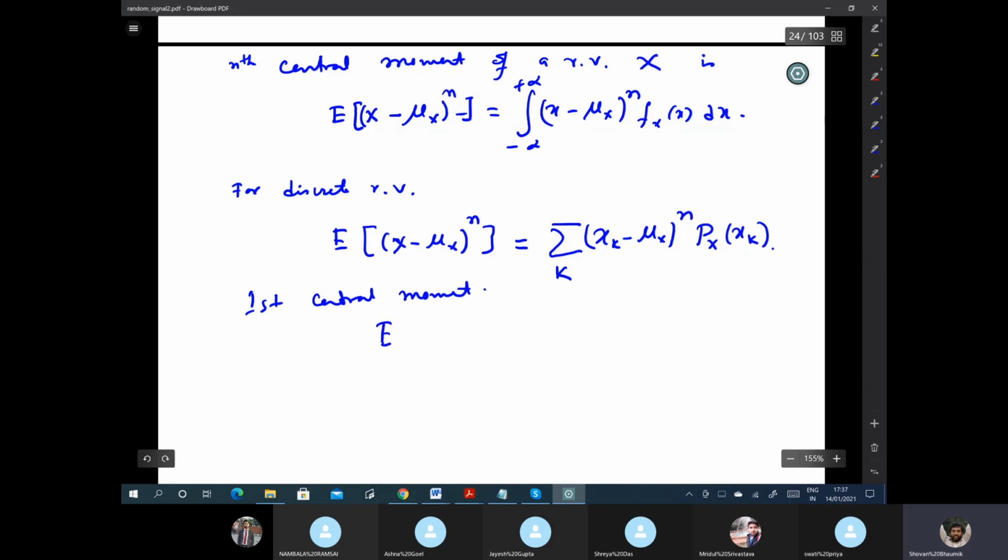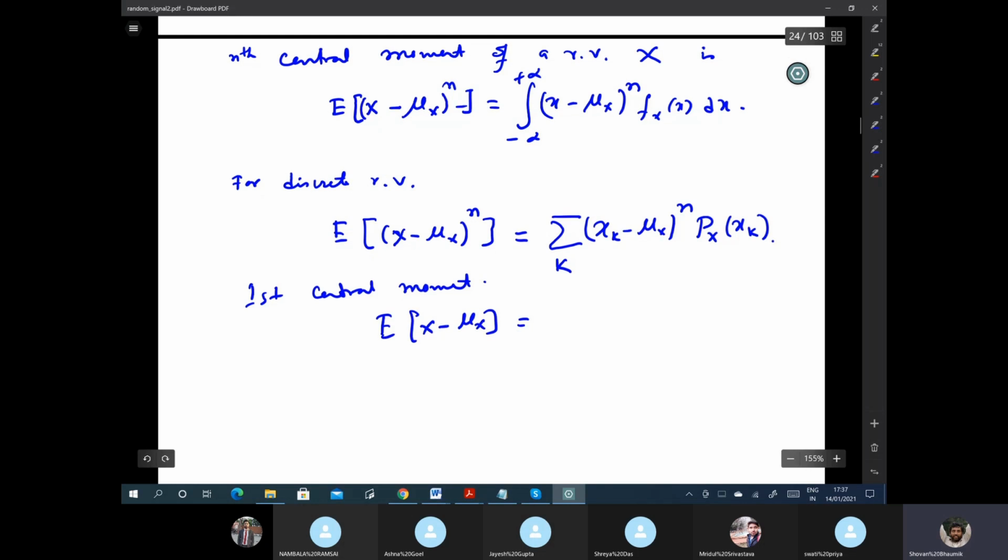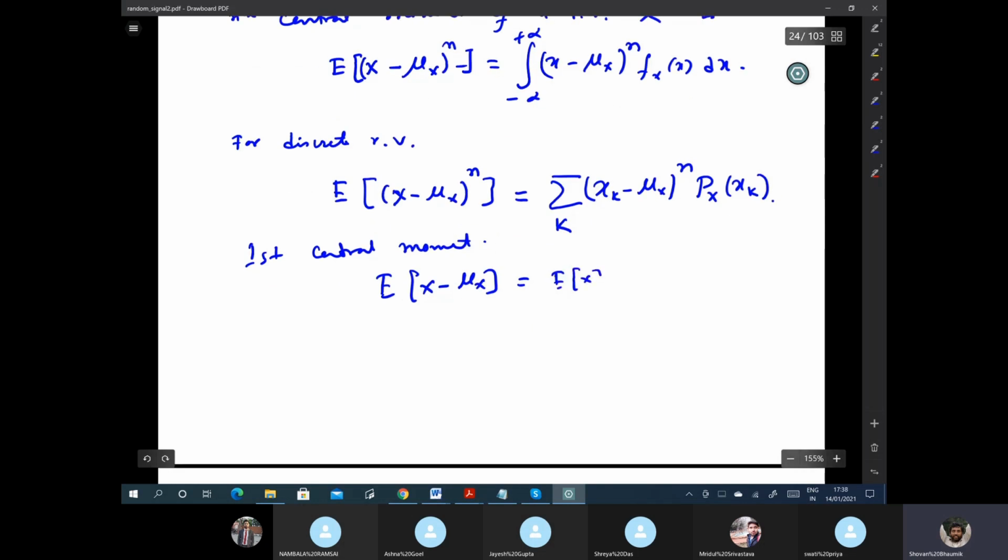Very simple: E of (x minus mu x) will be E of x minus E of mu x, that will be mu x minus mu x, which equals 0. The zeroth central moment will always be 1, no need to discuss.